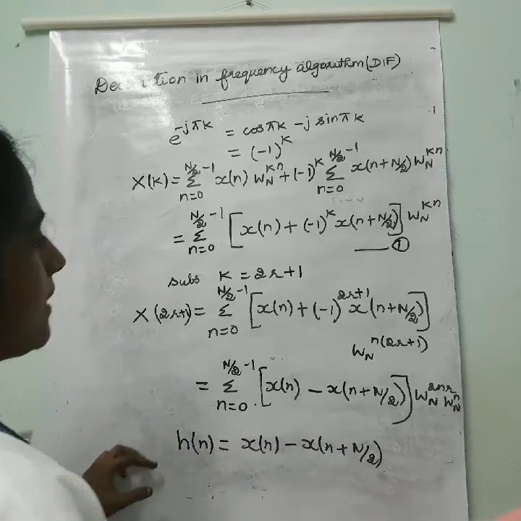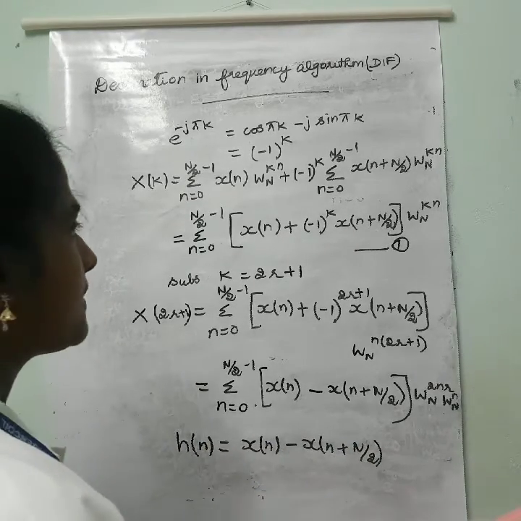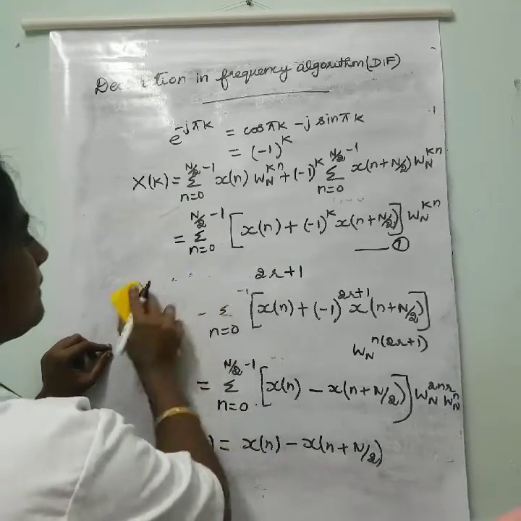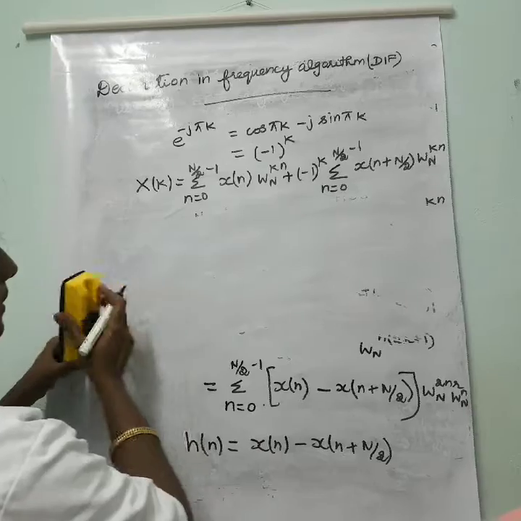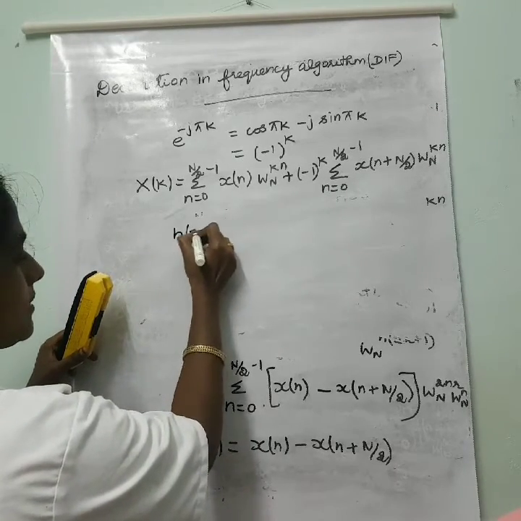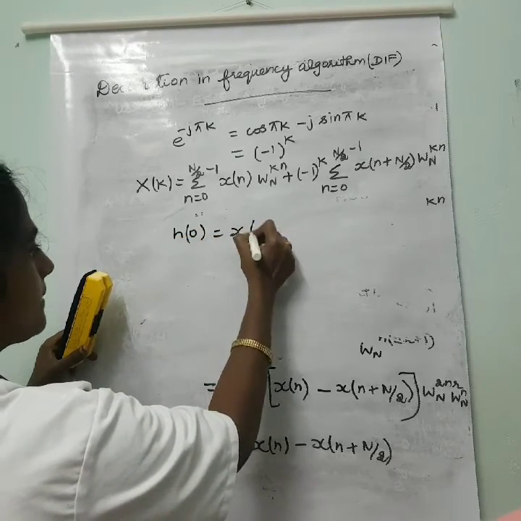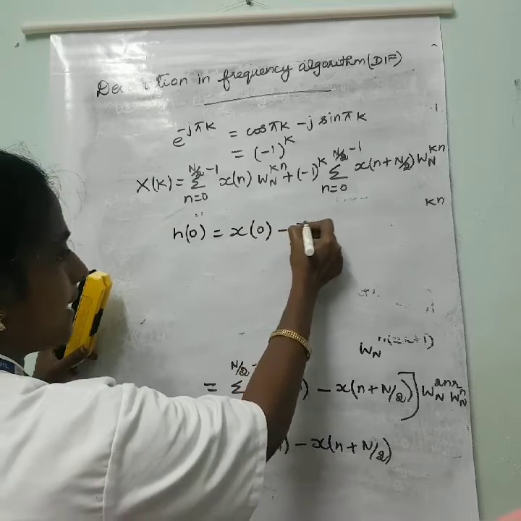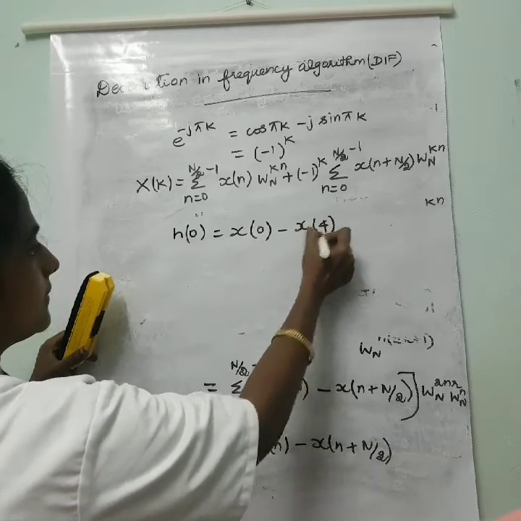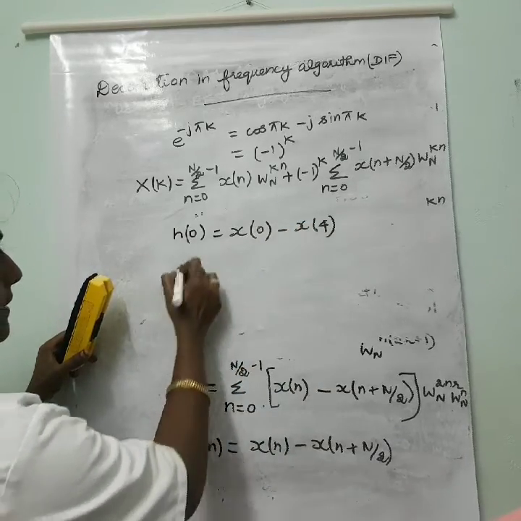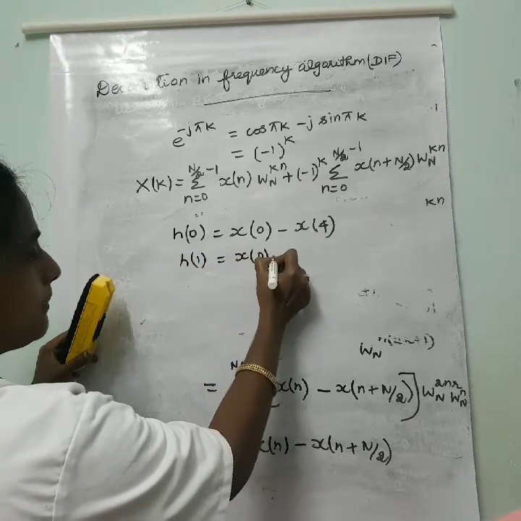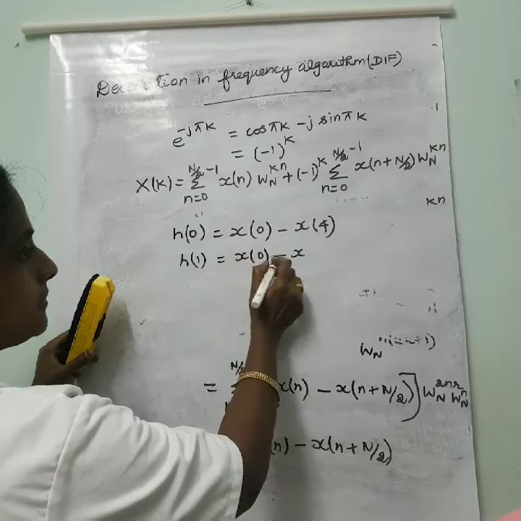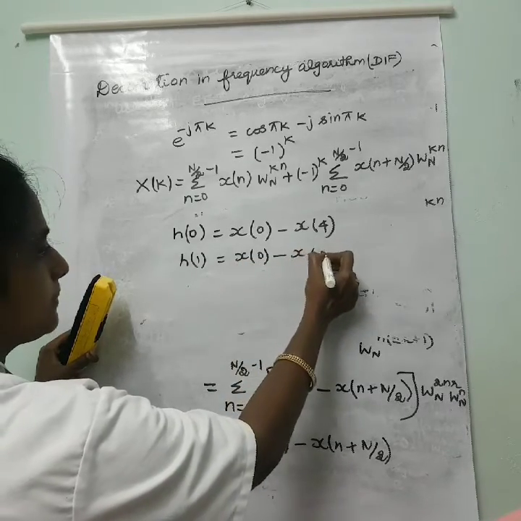So you can substitute the values for n from 0 to 3. Again you will get the answer like the same. When n is equal to 0, h of 0 is equal to x of 0 minus x of 4. When n is equal to 1, h of 1 is equal to x of 1 minus x of 5.